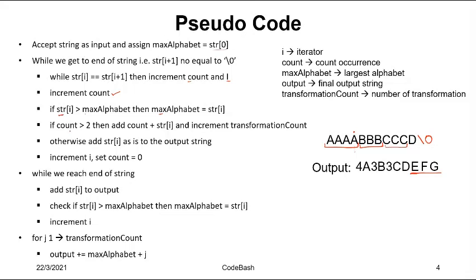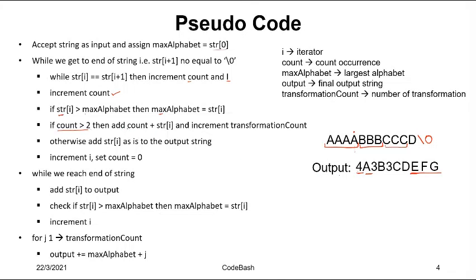Then our condition states that we need to have at least 3 or more consecutive characters. So this is the condition which checks that, and if our count is greater than 2, then we add basically this format, which is the frequency and the character format, to our output string.